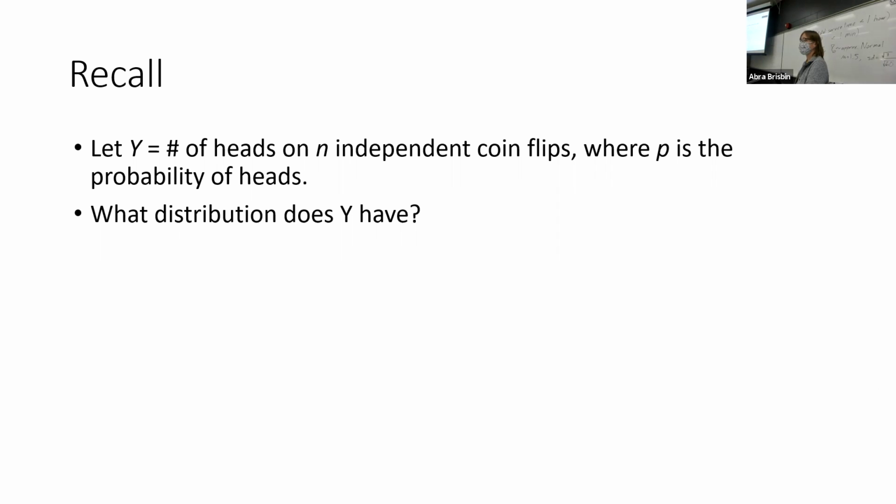Okay. Yeah, that's binomial because we have a fixed number of trials, n, and they each have the same probability of success p, and they're all independent. And then the thing we want to count is the number of successes. Specifically, it's binomial with parameters n and p.